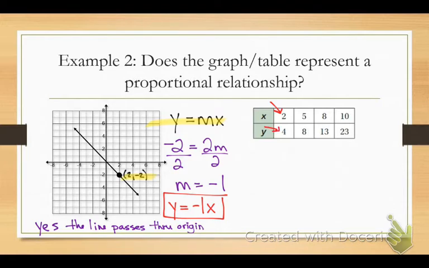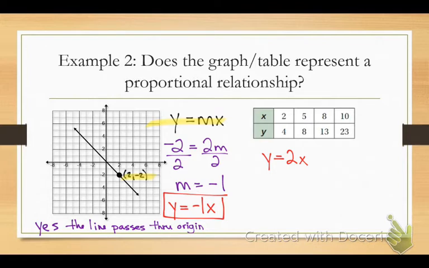So what could I multiply my x value by to get to 4? Multiply by 2. So whatever I have to do to x to get y, that number is my slope. y equals 2x. You just said I had to multiply, right? So look at your first ordered pair. If you can find a connection, go ahead and write your equation.